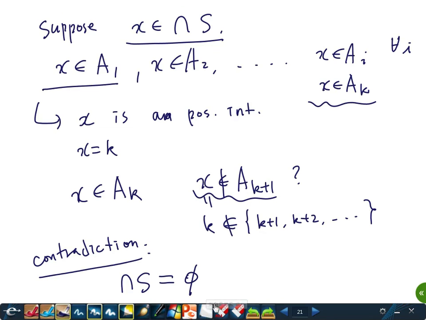Now, here is another definition: set partition. Or simply a partition, we omit 'set' if it's clear that it's a set partition.